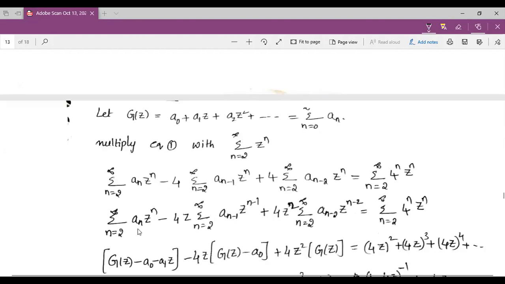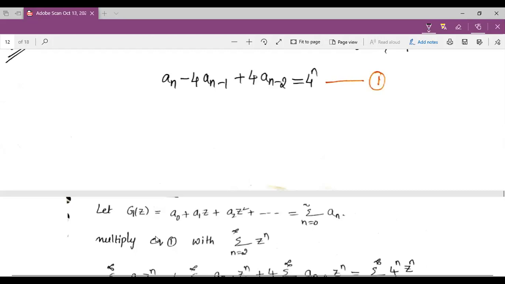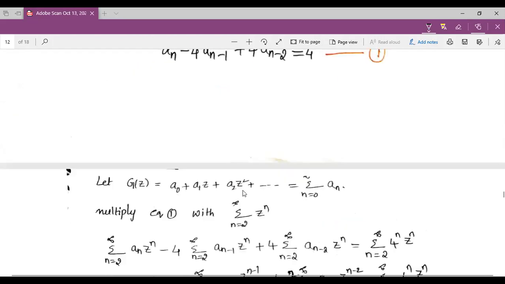Here this series equals g(z) minus the first terms, since n starts from 2.